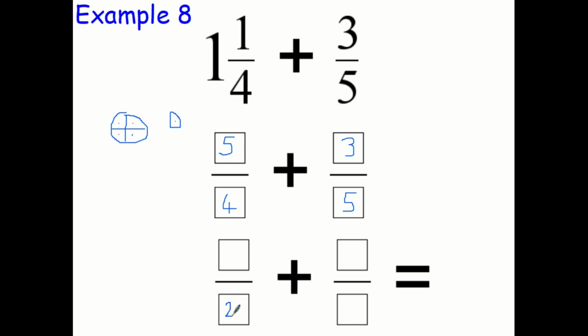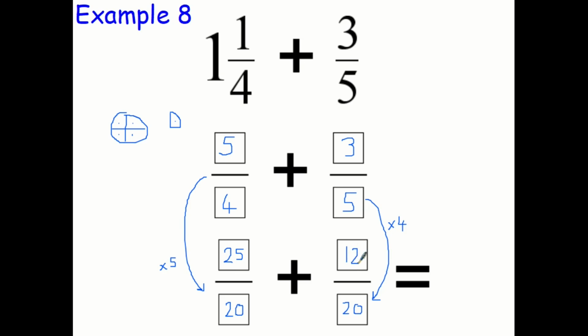The lowest common multiple of 4 and 5 is 20. How many 4s in 20? 5, so therefore I multiply the top by 5 as well, and 5 5s are 25. How many 5s in 20? There are 4, so I multiply the top by 4 and I get 12.